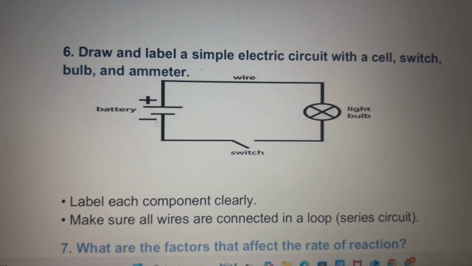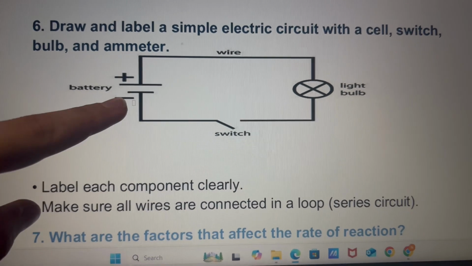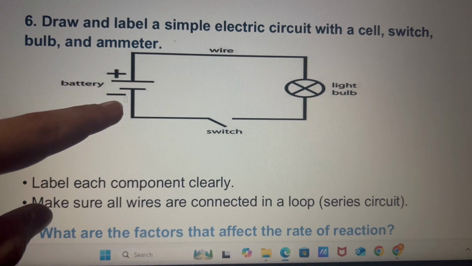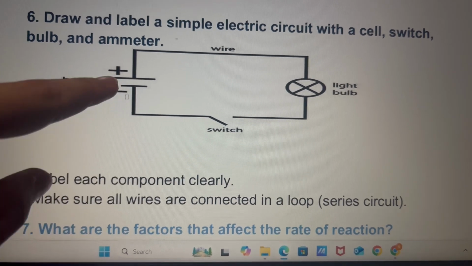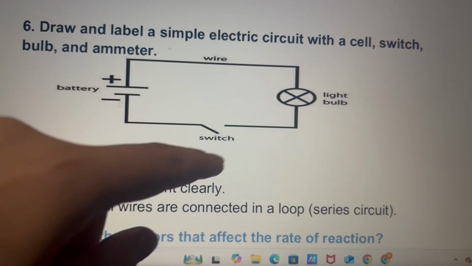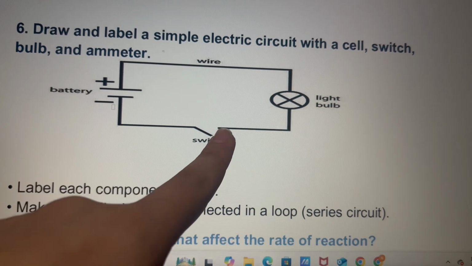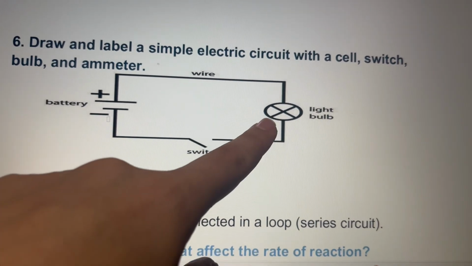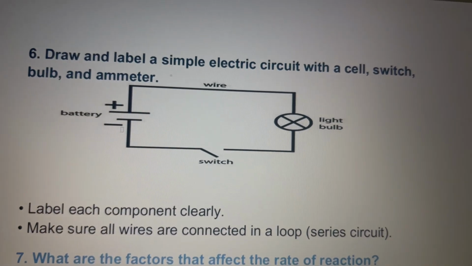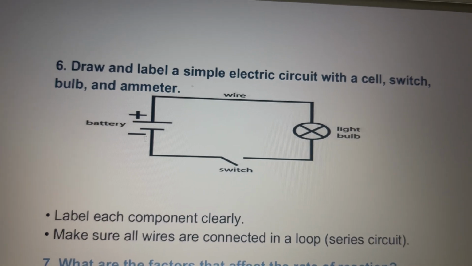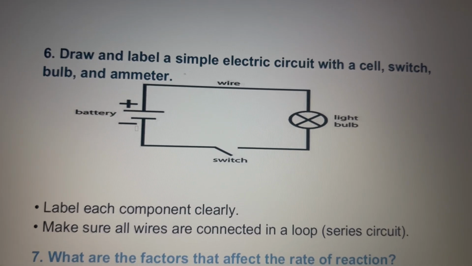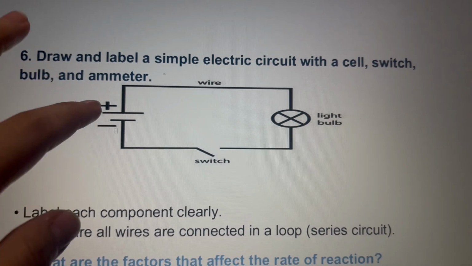And to draw it, this part is the short part, and this is negative, and this is the long one, it's positive. This is definitely the wire. A switch is open, you can just close it, and this is the symbol of the light bulb. You have another symbol of the light bulb that looks like a tiny bulb in the book. You can draw any of them, it's okay.